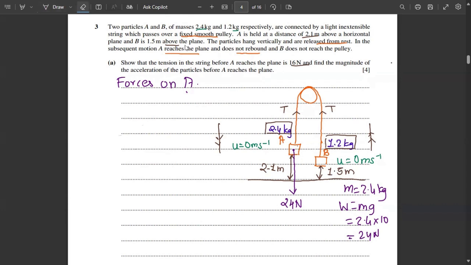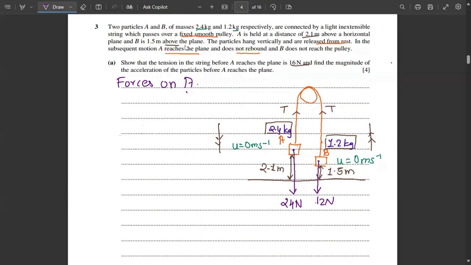Now let me erase this. And this is 1.2 kg. So similarly, this will also go down, but not a proper arrow. Not an arrow I like. So this will become 12 Newton. Now what more? Nothing more.